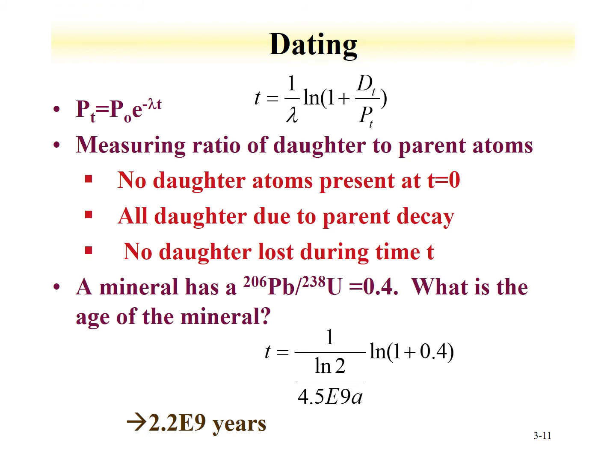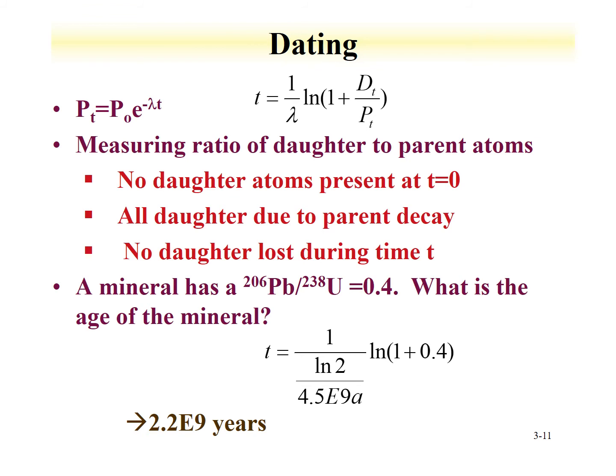So what we're saying is that at time 0, there were no daughter atoms present, that all the daughter atoms are due to the decay of the parent, and that no daughter atoms were lost during this decay period. So there are a few conditions that are necessary for this relationship of all the parent at time 0 being described by the parent at time t and the daughter at time t.